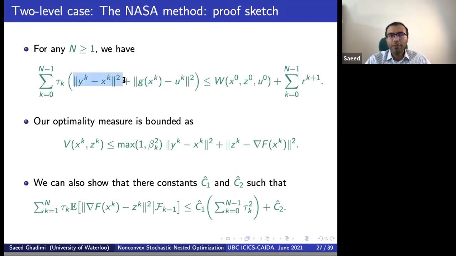The first term here is the first term that we use for the optimality measure. Similarly, we can show that the second term, which is the difference between the gradient of f at x and zk, is also bounded by a constant in the same order. Then you divide both sides by the summation of tau k, and we get the rate of convergence for the NASA method.